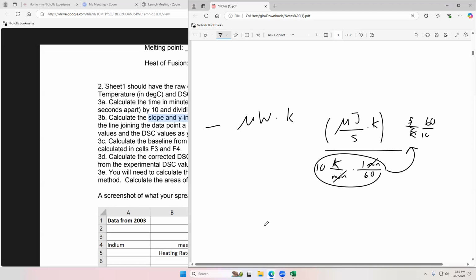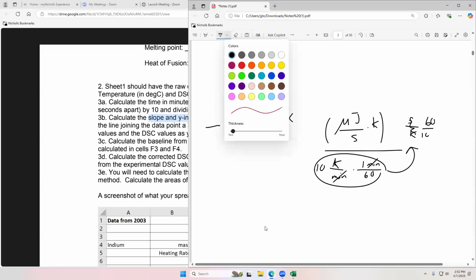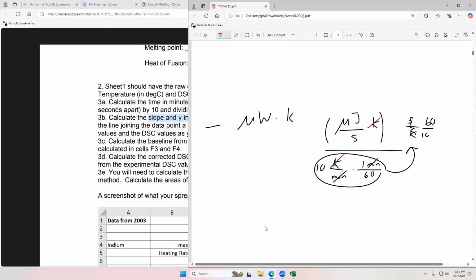Your Kelvin will cancel out, and seconds and minutes cancel out. On the screenshot, it ended up not being negative anymore. That's because the area is negative, but for an endotherm, delta H is positive. We just throw a negative in there.